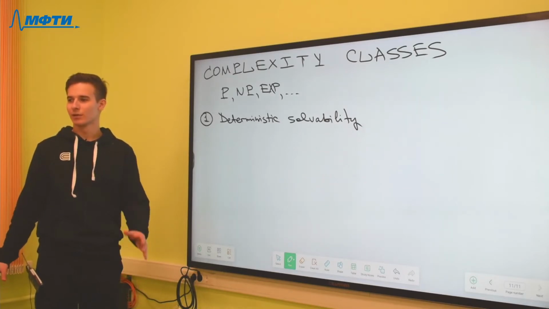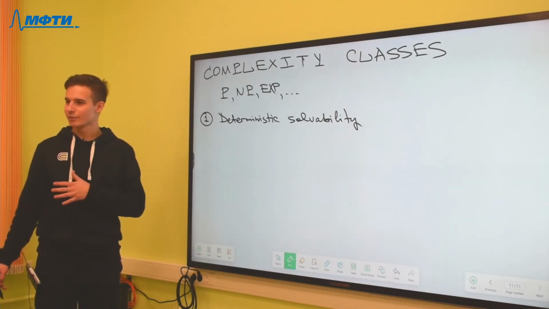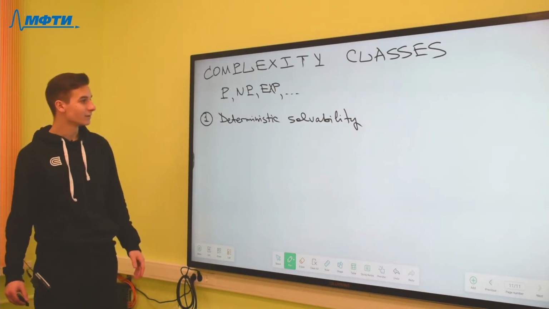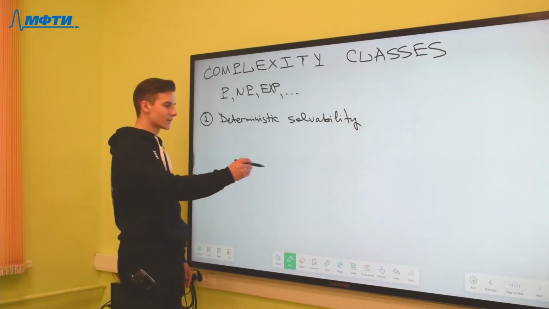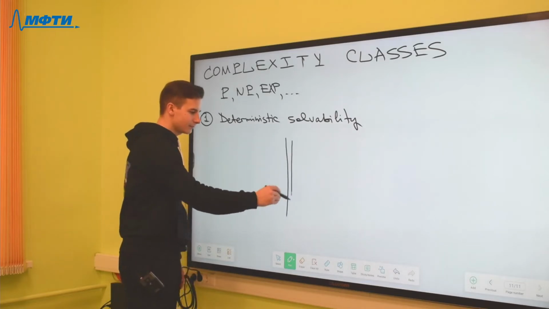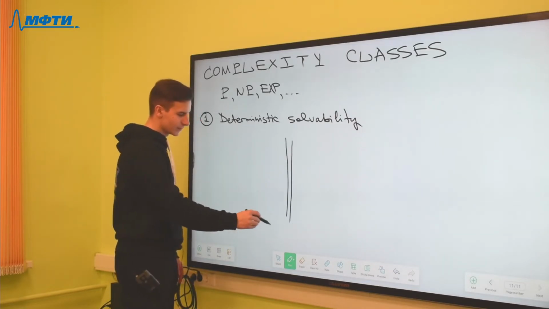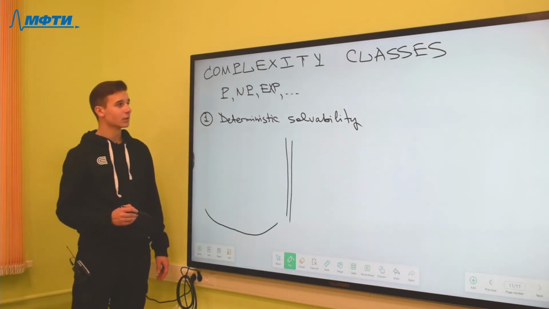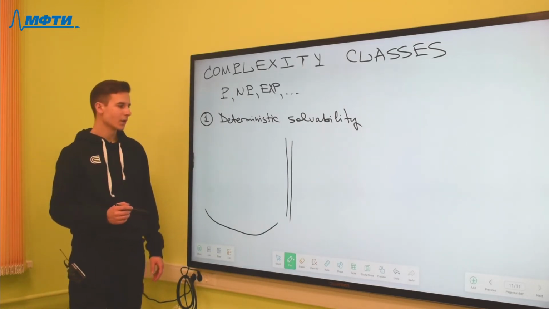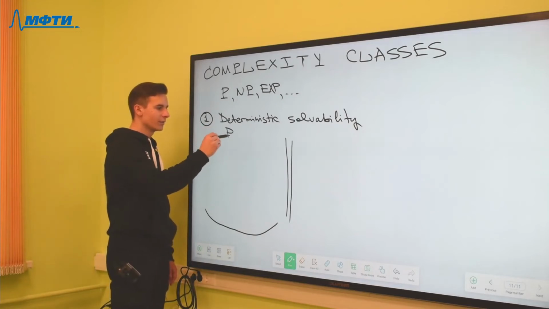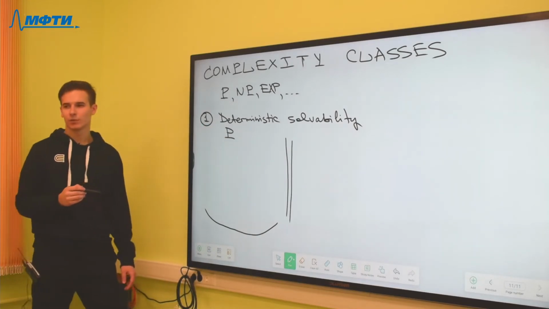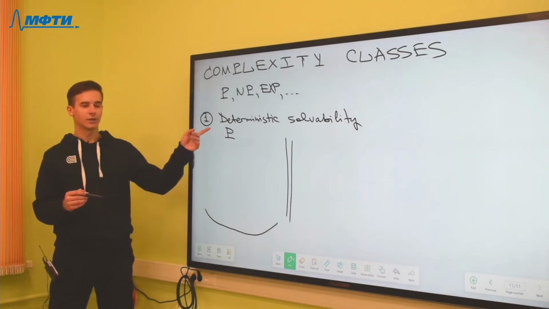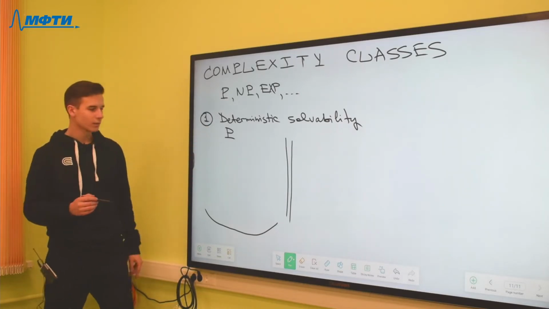We have only some computers, some mathematicians, and we need to solve it. So the first boundary is polynomial time. If we have only polynomial time to solve some problem, we say that this task is solved in the P class.